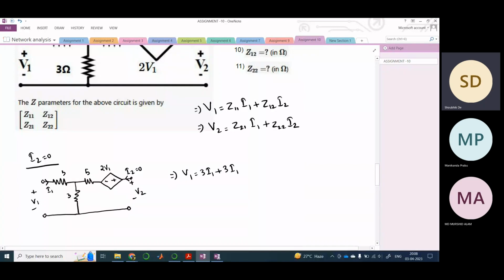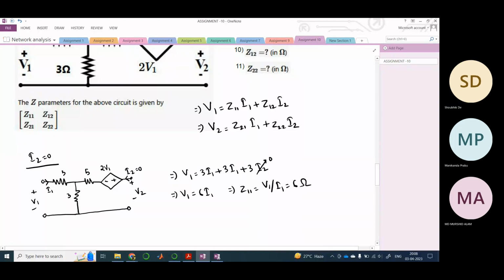Here we can also write 3I2 because I2 would be flowing, but since terminal 2 is open, I2 is 0. So therefore this is 6I1. Therefore Z11 is V1 by I1, it is 6 ohm. I hope this is clear, right? Yes, sir.